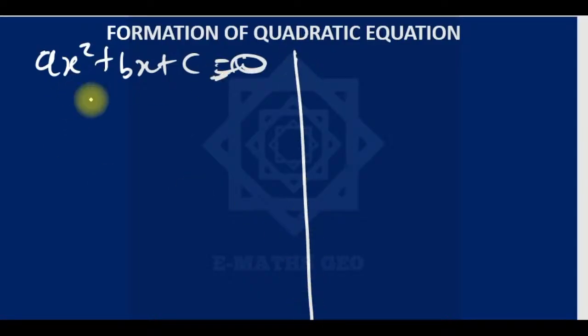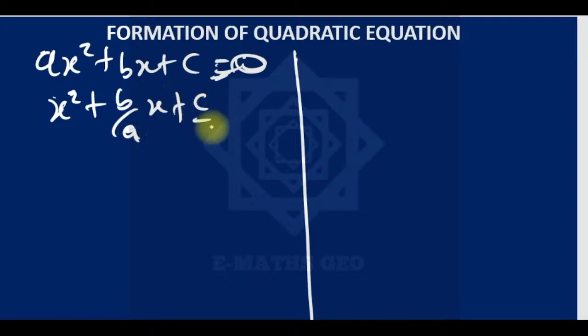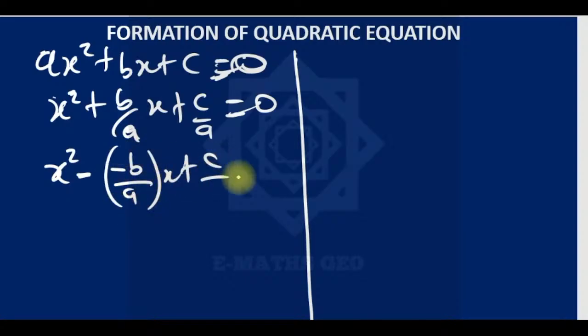We can decide to divide both sides by a. So we have x squared plus b over a x plus c over a equal to 0. And we can still write this as x squared minus b over a. So nothing has spoiled. We are still on the right track, because I'm trying to bring in roots here.